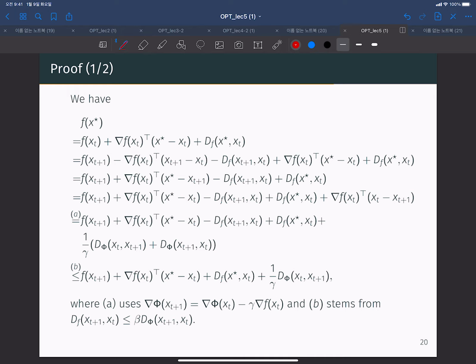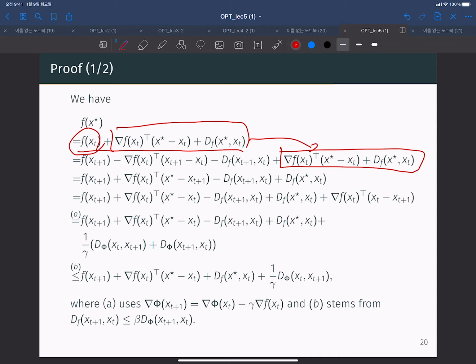The proof is not difficult. From the definition of Bregman divergence, we can write f(x star) is equal to f(x_t) plus gradient of f(x_t) transpose times (x star minus x_t) plus the Bregman divergence of f between x star and x_t. Here I rewrite f(x_t) using the definition of Bregman divergence.